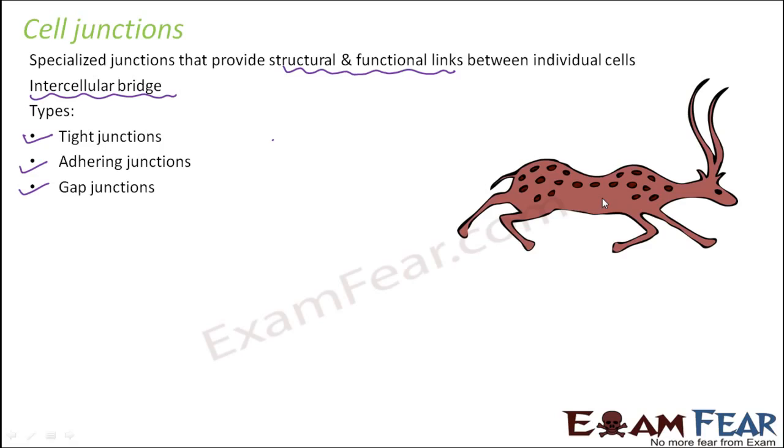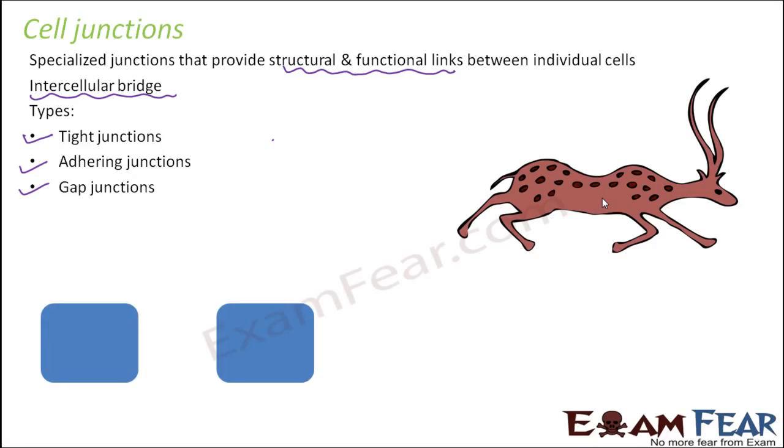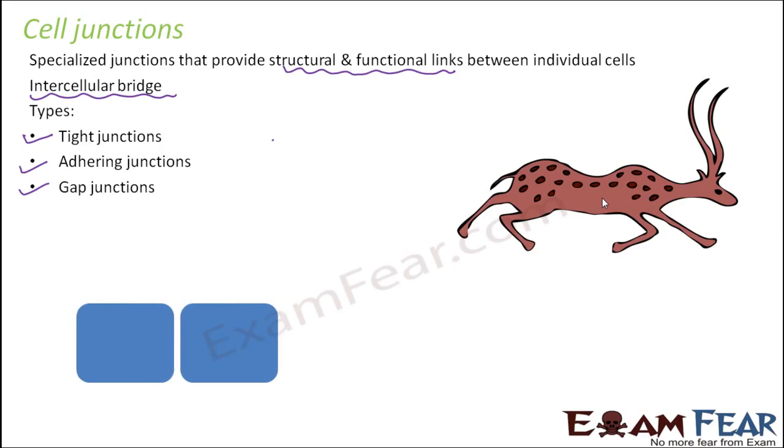So epithelial tissues are tightly connected to each other. Some tissues, which are present on the skin of this animal, are epithelial tissue. They have to be tightly connected to each other, otherwise there will be leakage and we don't want any leakage. So how are they tightly connected? With the help of cell junctions. Let us suppose these two blue blocks are nothing but two cells. Now you want that there should be no leakage between the two cells.